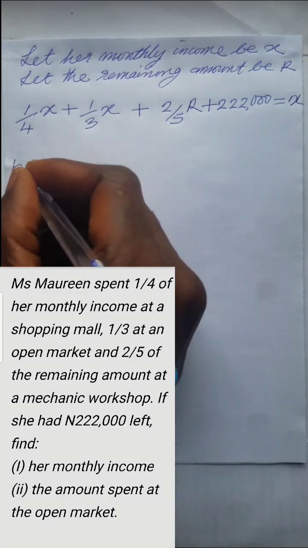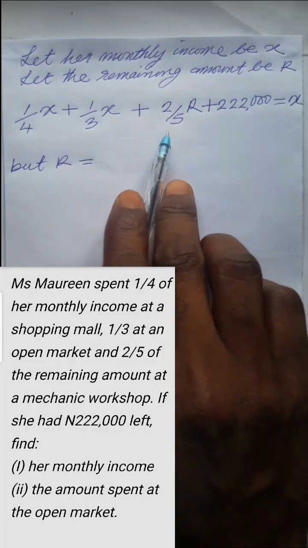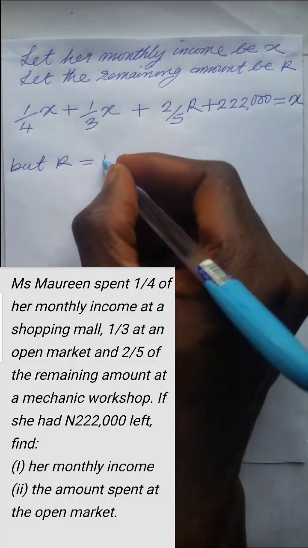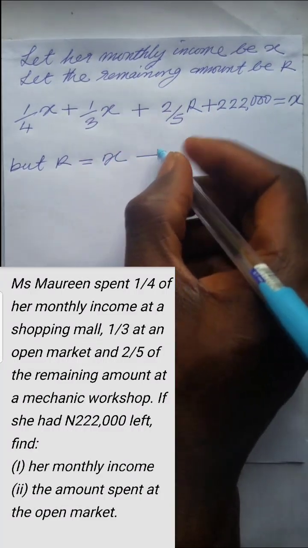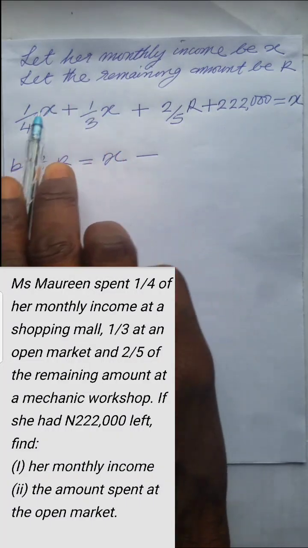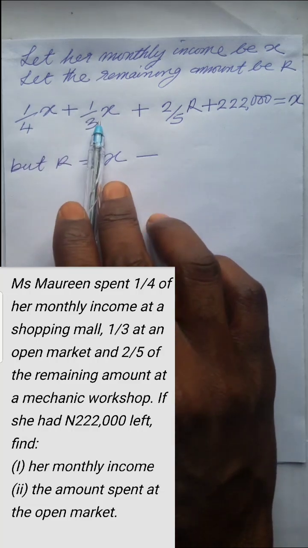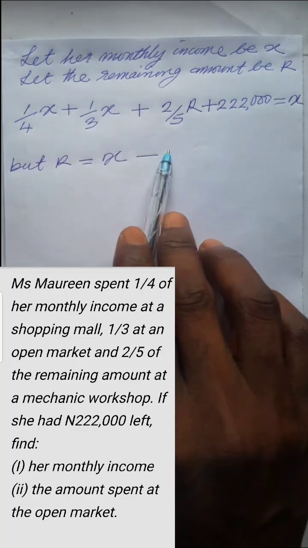R is what? Let me say, but R is equal to, how would I get R? R will simply be me having her monthly income and removing what she spends here and here. Is that okay? The first part she spends on the shopping mall, take out the second part she spends at the open market, that is what remains.